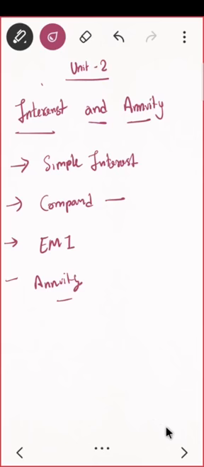So let us first start with simple interest. What do you mean by simple interest? Anybody? What is simple interest?